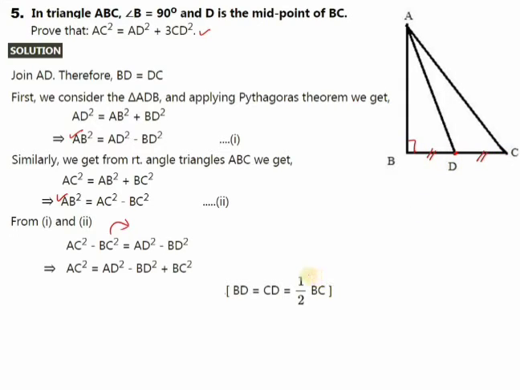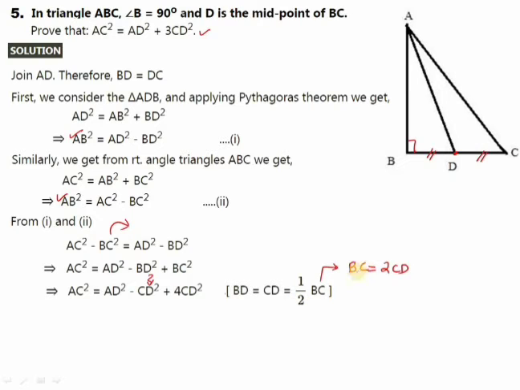You know that. So in place of BD, what am I going to write is half BC. See here carefully. BD is written as CD. BD and CD are equal, so that's why in place of BD I have written CD. And from here, can you see that BC is 2 times CD?